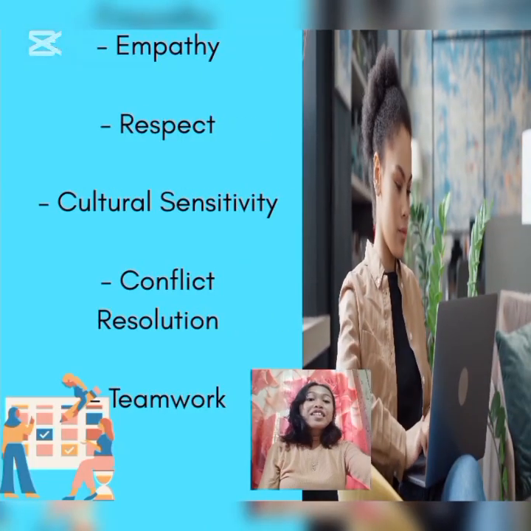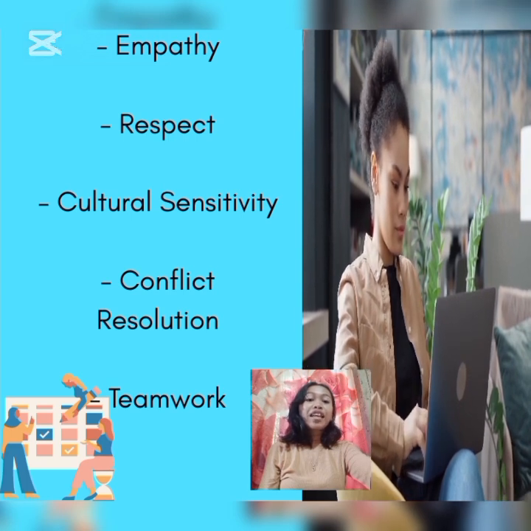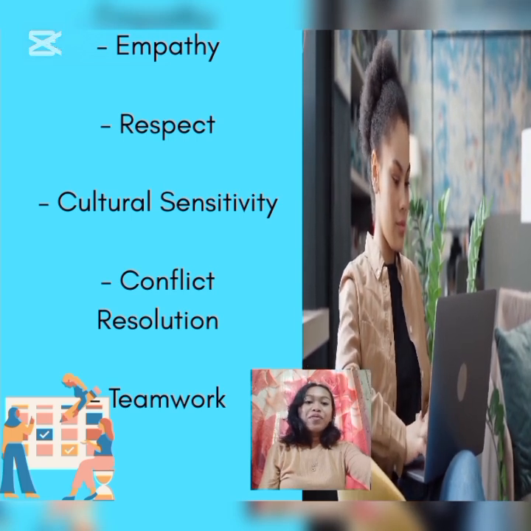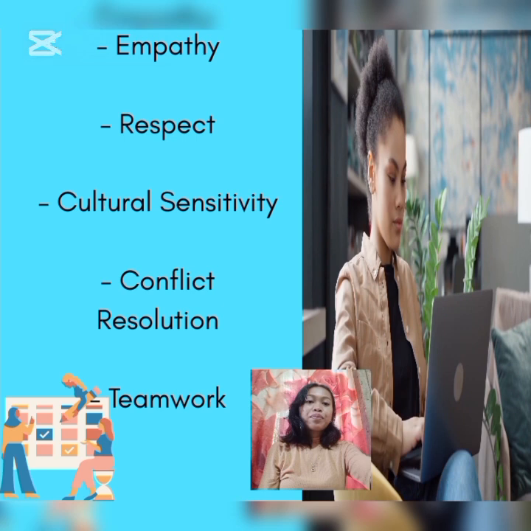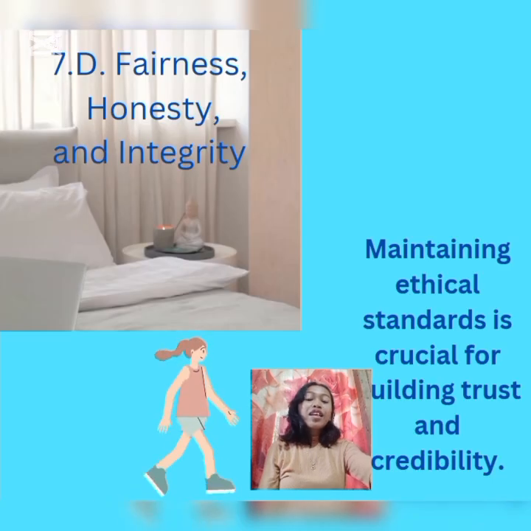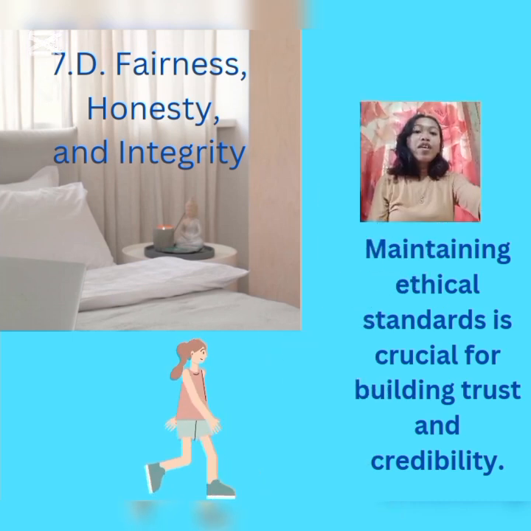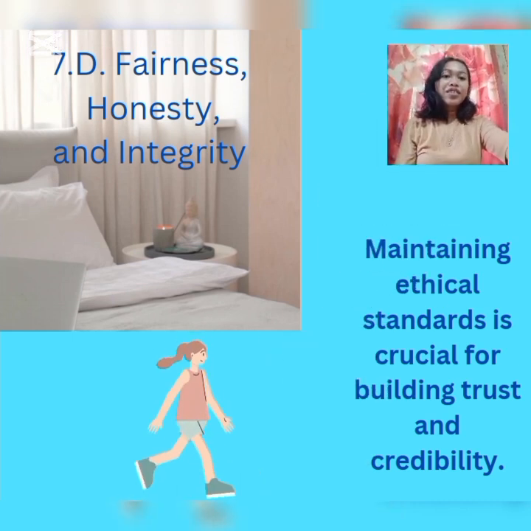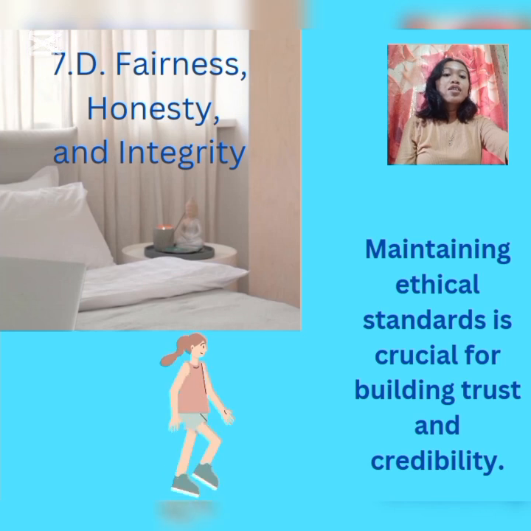Now let's have the last competency standard of domain 7. This is the last competency standard, which is 7.C, fairness, honesty, and integrity. Maintaining ethical standards is crucial for building trust and credibility.